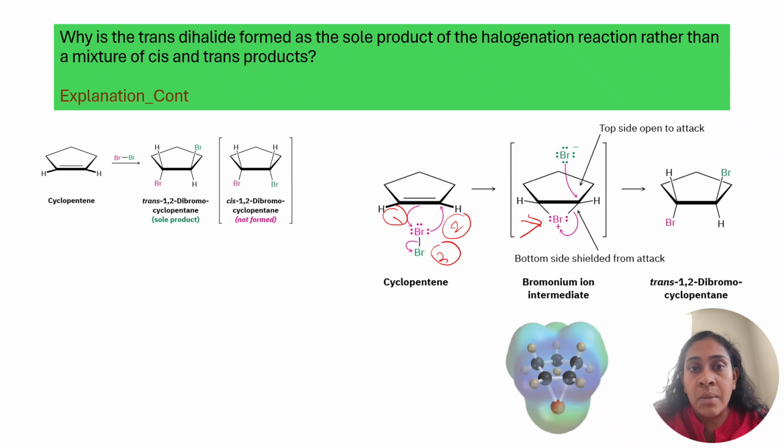The bromide ion must therefore come from the opposite face. As bromide attacks, the three-membered ring opens and the two bromine atoms end up on opposite sides of the molecule. This is anti-addition. For cyclopentene, that anti-addition gives trans-1,2-dibromocyclopentane rather than the cis product.